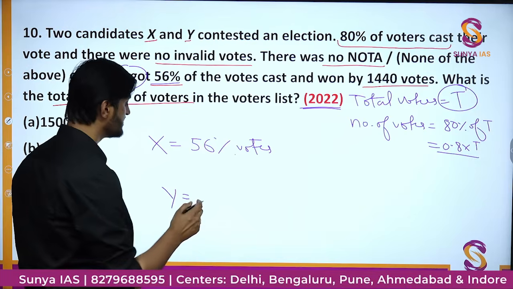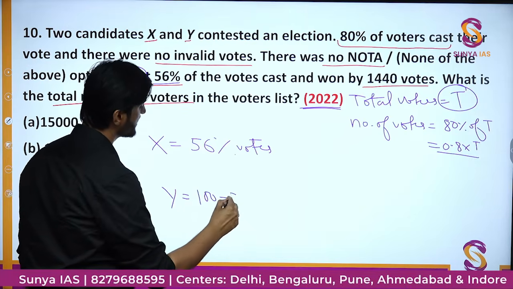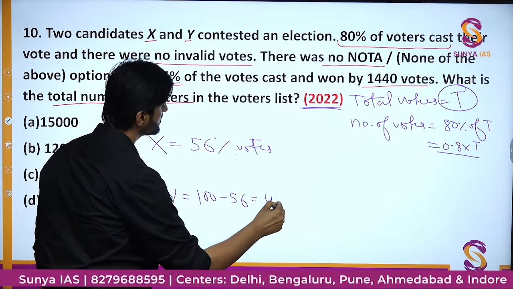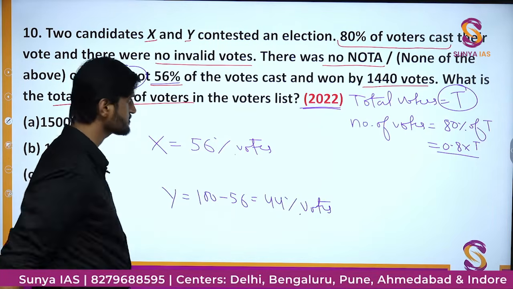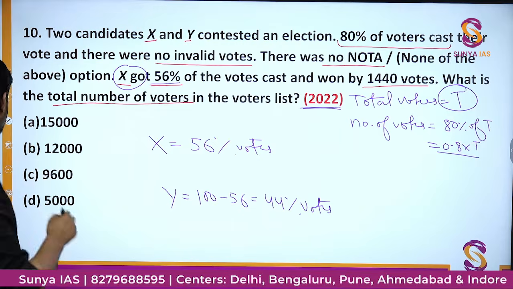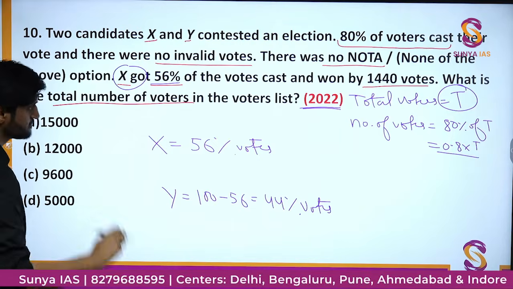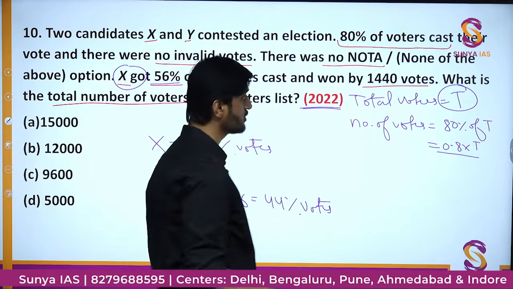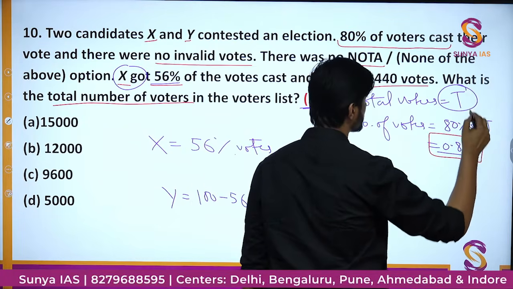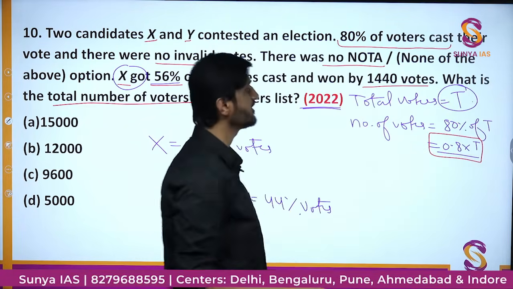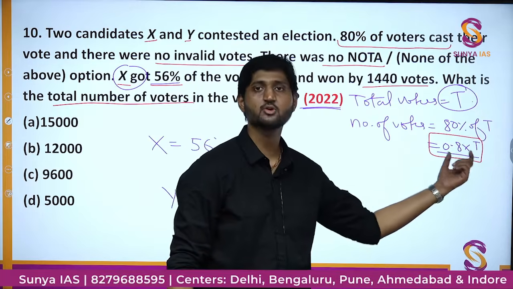They will be definitely 100 minus 56, that is 44% votes, right? Now, what is the total number of votes? Be careful, total number of votes is not T, it is 0.8 T. This is the total number of voters. Out of them, only 80% voted. So this is the total number of votes.